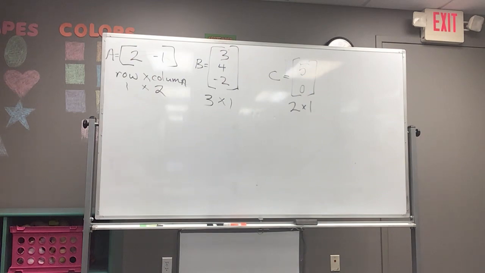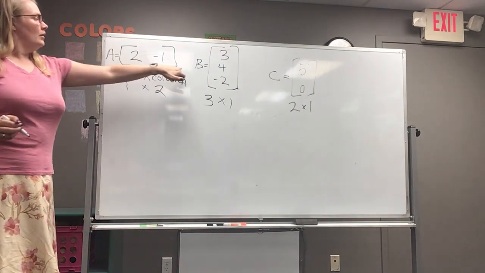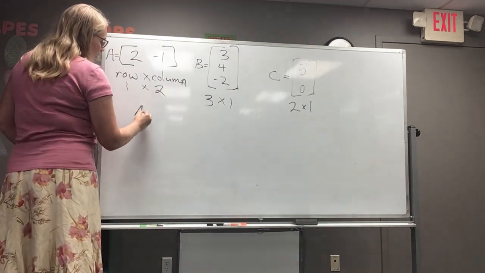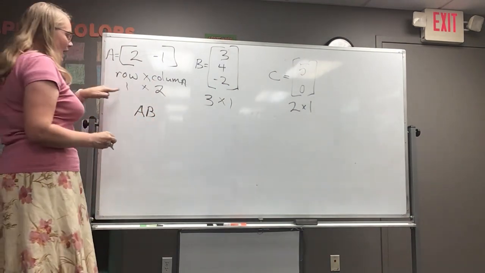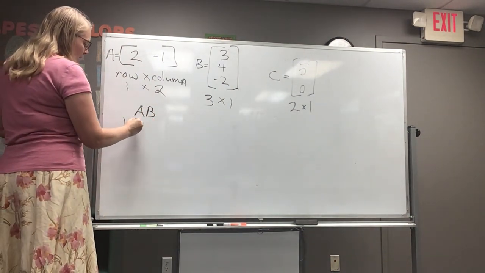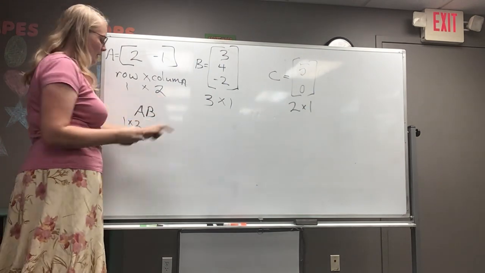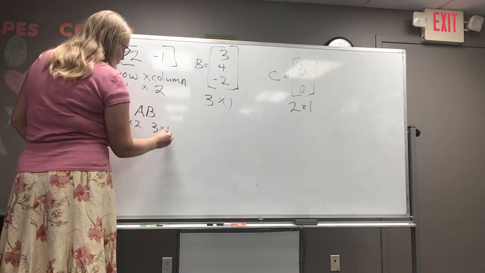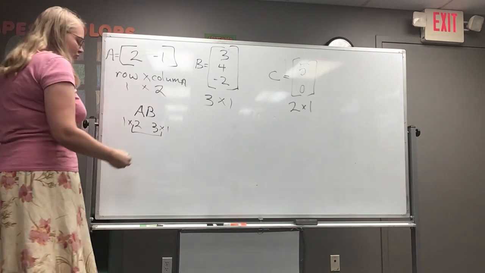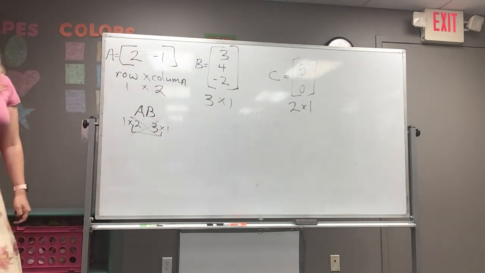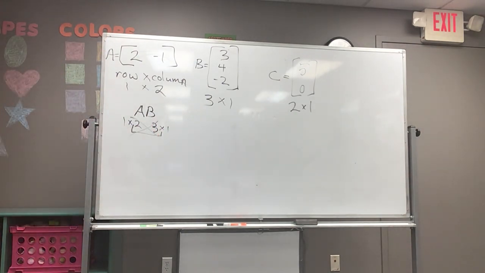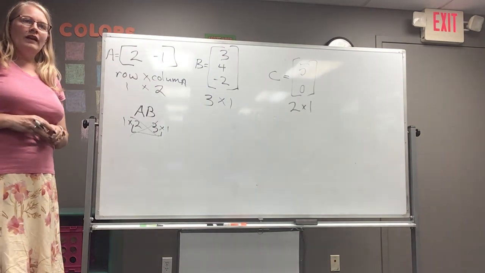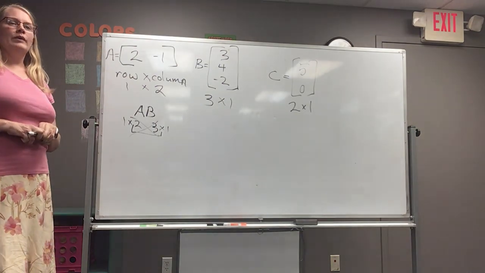And so A is a 1 by 2, B is 3 by 1. These inner dimensions don't match. And so AB is not possible to be matrix multiplied. Doesn't work.